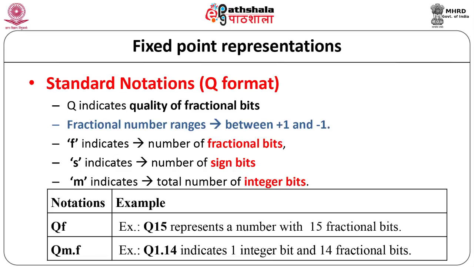Total number of bits n is equal to m plus f plus 1 for signed numbers. So, for example, a 16-bit number can be represented as Q2.13. It indicates 2 bits of integer, 13 bits for the fractional part and 1 sign bit.